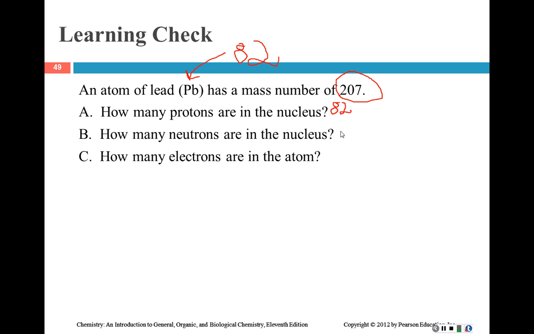How many neutrons is it going to have? How are you going to find that? You're going to have to say what? 207 minus 82. And then the electrons are going to be what? The same as the protons, if it's going to be neutral, so that will be 82.